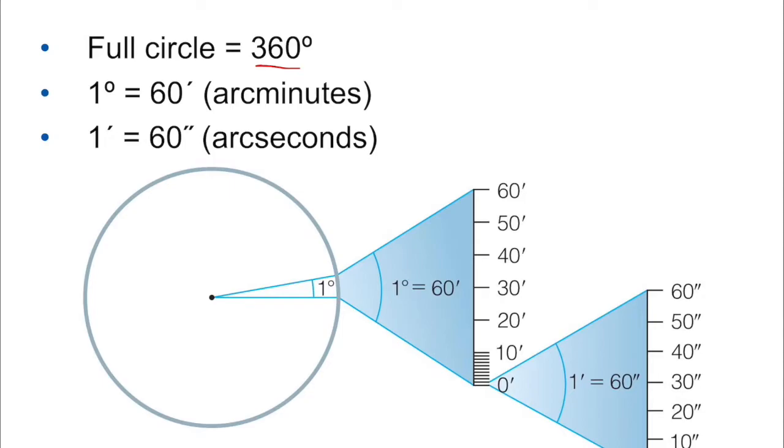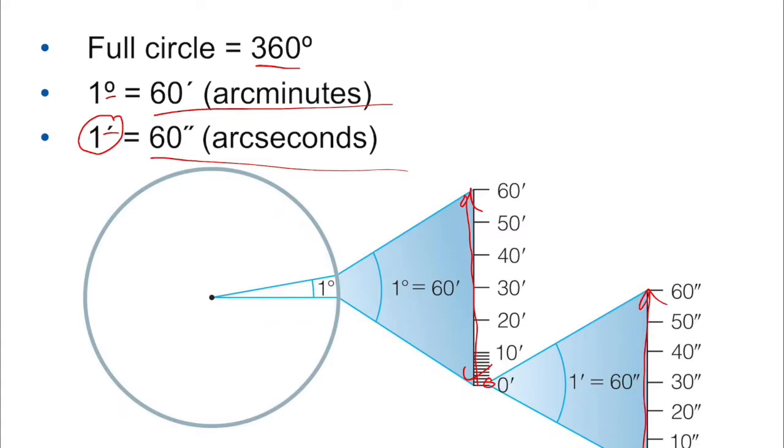Okay? Well, anyway, we can split one degree into 60 arc minutes, and we can split 1 arc minute, notice the change in notation from degree to a little minute notation, into 60 arc seconds, just like time. But this isn't time. This is angular divisions. And here's the idea. 1 degree getting split into 60 arc minutes, and then every arc minute can be split into 60 arc seconds.